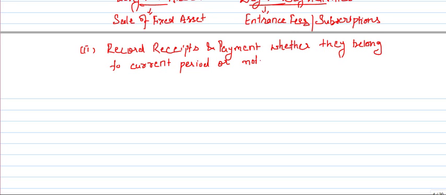This is the second reason why this word all has been used. They say you have to record the receipts and payments whether they belong to the current period or not.